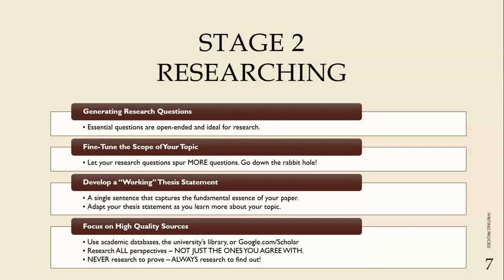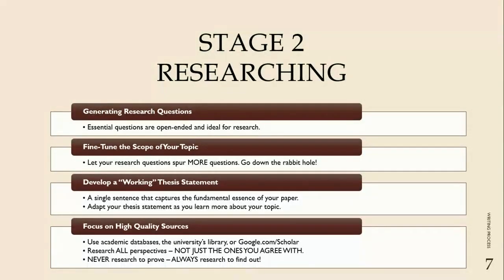So you want to research all the perspectives, not just the ones you agree with. Again, if we go back to the prevalence of audience analysis, we're not always writing for ourselves. Sometimes we're writing for others. And it's really important from at least an argumentative standpoint to be just as well versed in the perspectives that you don't agree with as the ones that you ultimately support.